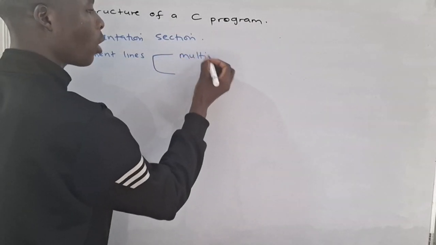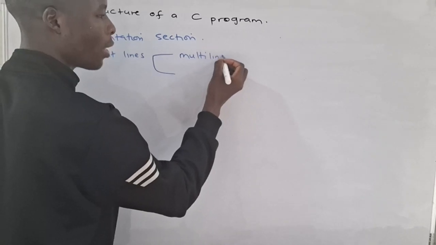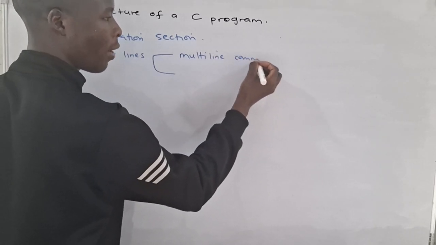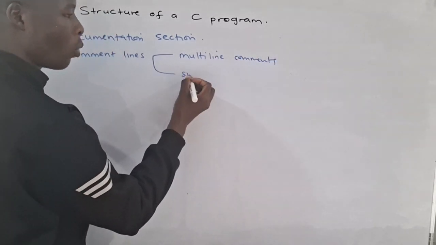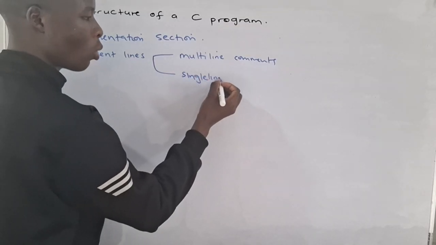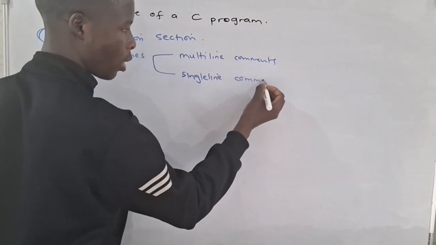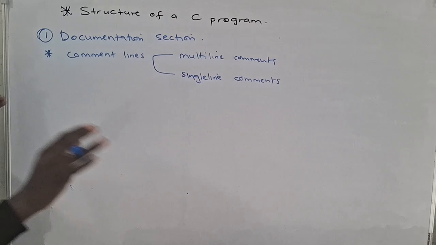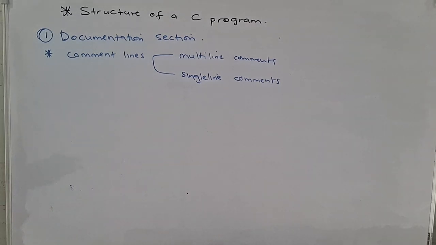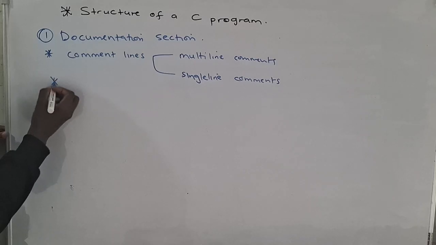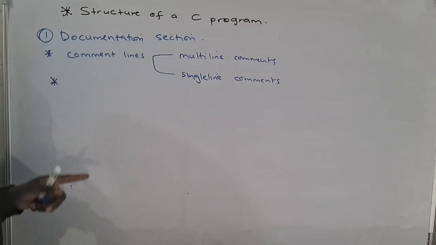We have multi-line comments, and we also have single line comments. These are the 2 types of comments. This is very, very important. What will happen if you comment statements in a C program?